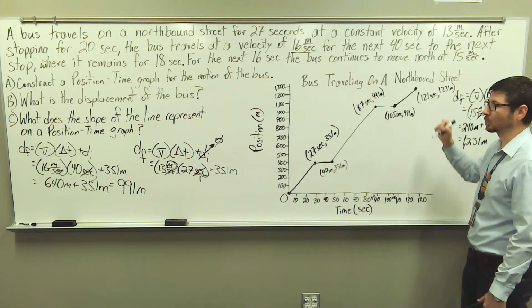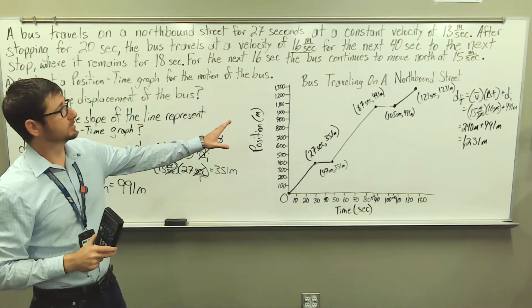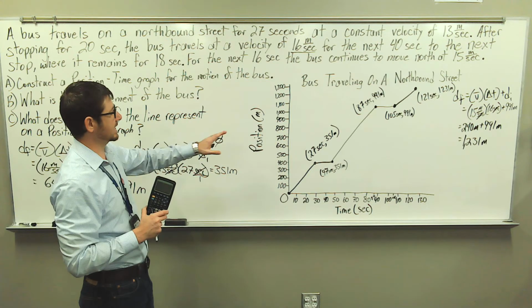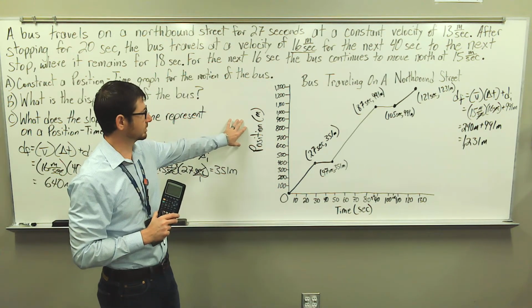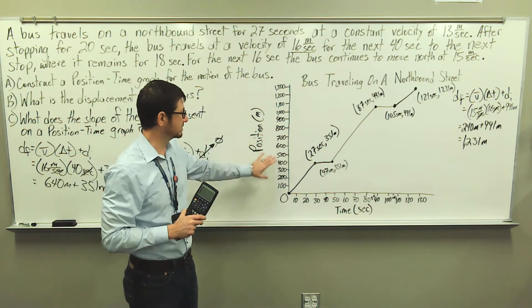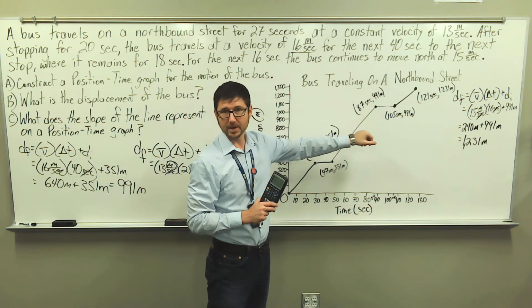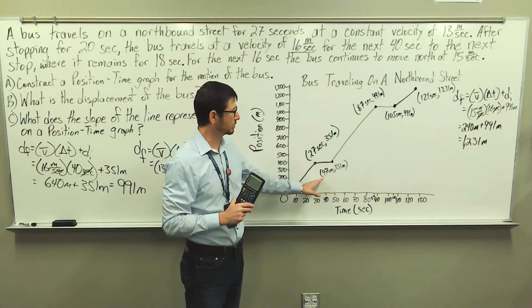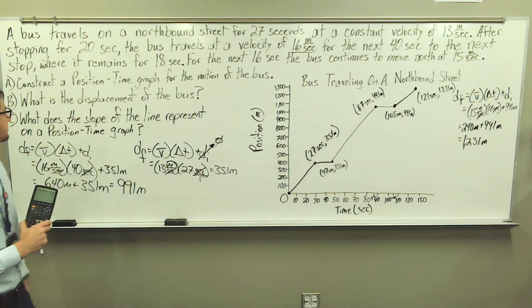That is my last ordered pair. Okay? All right, so we're done with part A because part A wanted us to construct a position time graph, and we've done that. We've labeled both axes, we've generated a scale, and we've plotted all of our ordered pairs for position and time, and we've also labeled each ordered pair. So we're doing good on part A.